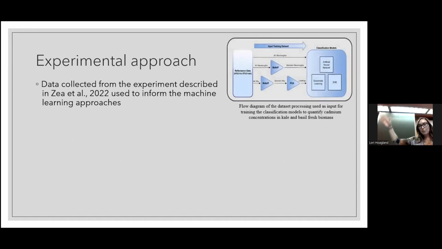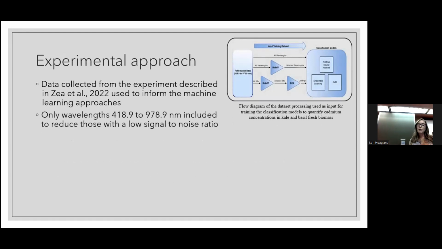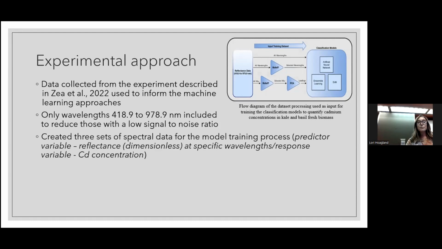And we followed kind of a basic protocol like this, where we started first narrowing down wavelengths from 418.9 to 978.9 to reduce some of the wavelengths that had a lower signal to noise ratio. Next, we created 3 sets of spectral data for the model training process.